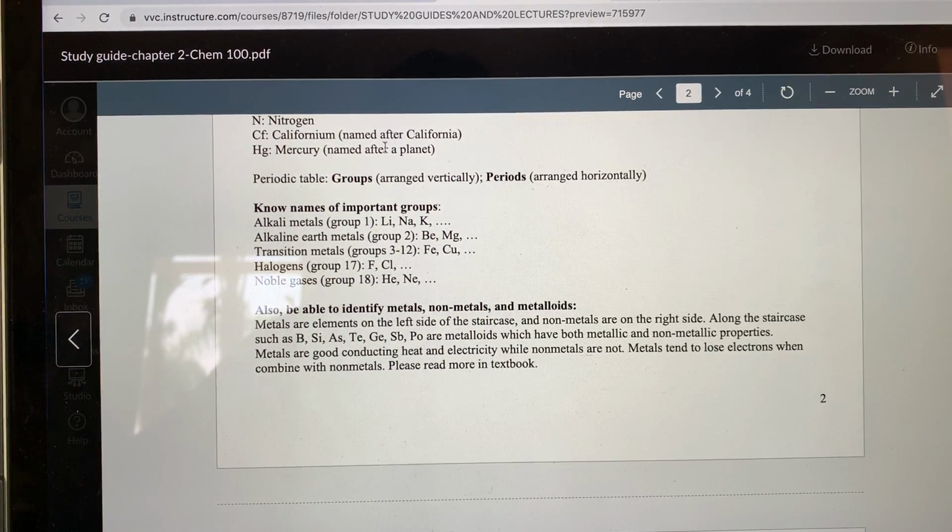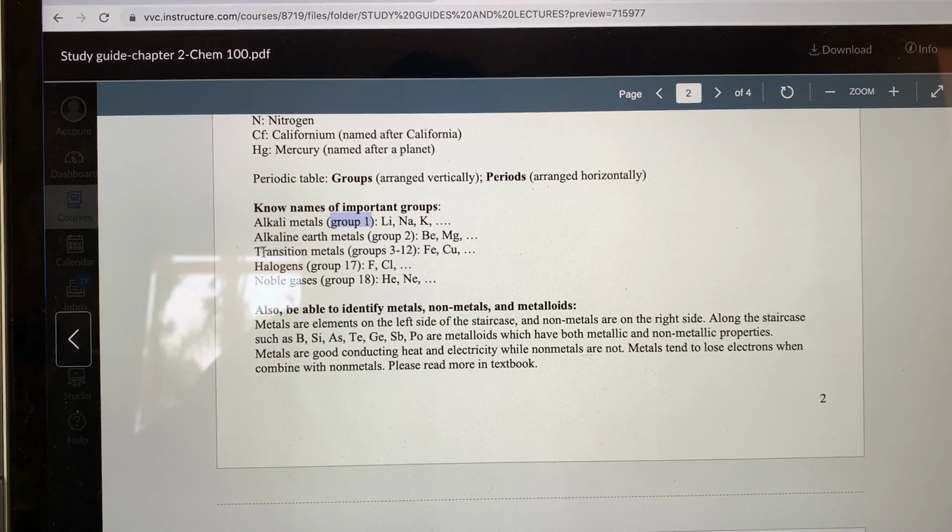Remember, groups are columns, and there are special names for some of them, like alkali metals, which is group 1. I specify that right there, and I give you a few examples from that group: lithium, sodium, potassium, rubidium, francium, and so on.